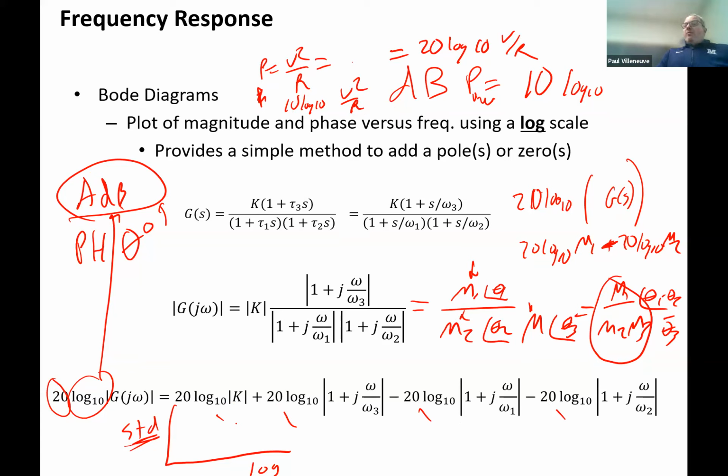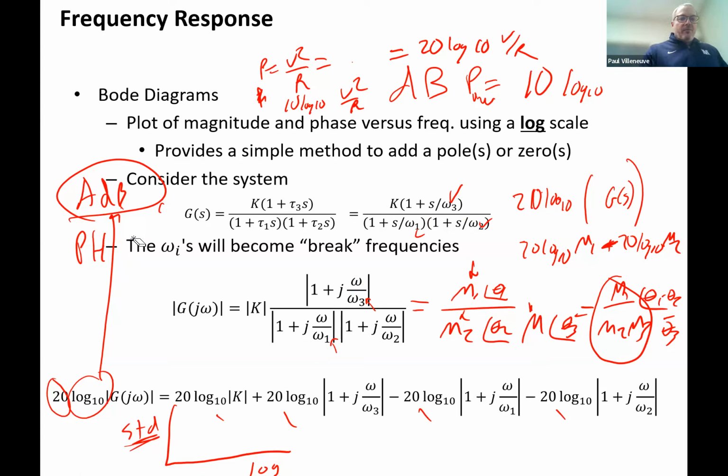So I'm going to convert my transfer function to dB, which means I just take the magnitudes and divide it over here. You'll notice this is already set up in standard form, where this omega is my input variable, and omega 1, omega 3, omega 2 is the pole or zero associated with that. That's very important because that defines what we call our break frequency.